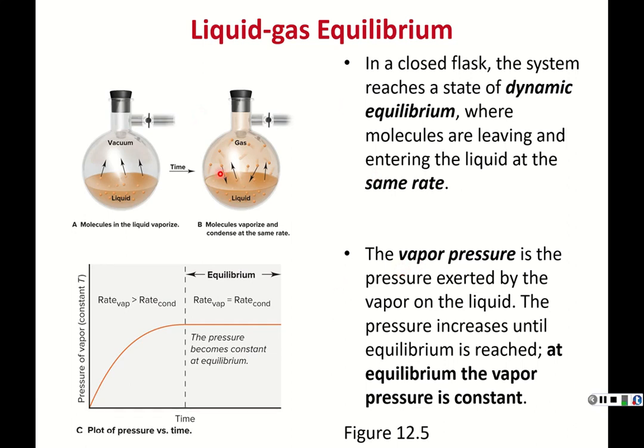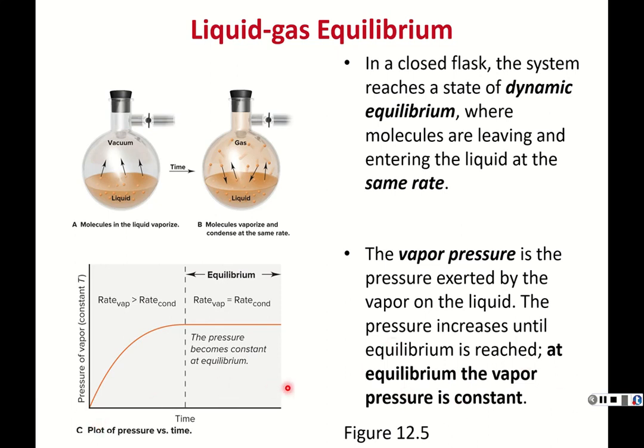And then it reaches an equilibrium, so the number of molecules going into the gas phase is equal to the number of gas molecules going back into the liquid phase. And this is referred to as the vapor pressure. So that's the pressure exerted by the vapor on the liquid, increasing until the equilibrium is reached. At equilibrium, the vapor pressure is constant.